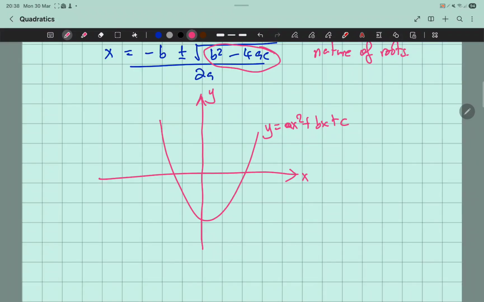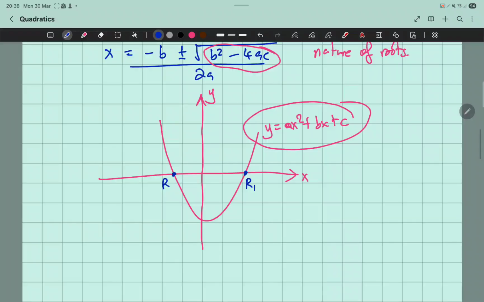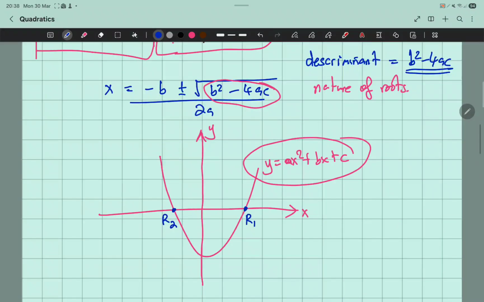So what we call a root is a point where this graph y is equal to ax squared plus bx plus c intersects the x-axis. So at this point, this is our first root, this is our second root. So quadratic functions have two roots. Our discriminant now helps us see how our roots are, the nature of the roots.